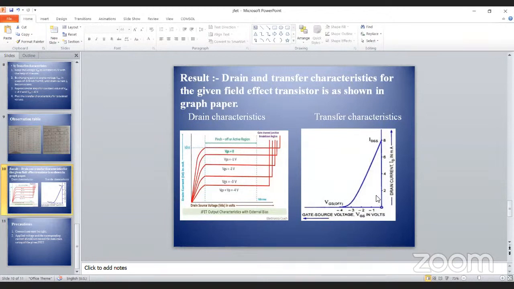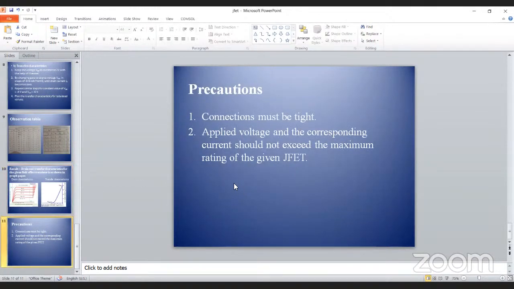For the transfer characteristic, the value of VGS at which ID is equal to 0 is called the gate to source cutoff voltage, VGS off. Next is precautions. First, connections must be tight, and second, applied voltage and the corresponding current should not exceed the maximum rating of the given JFET. Thank you.